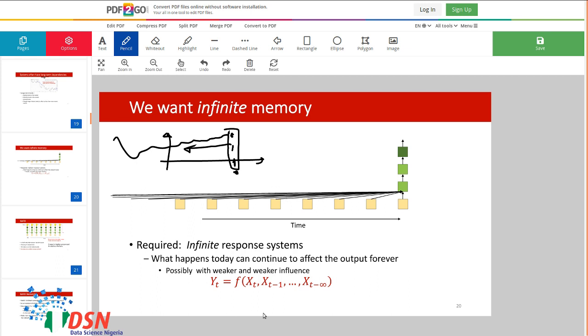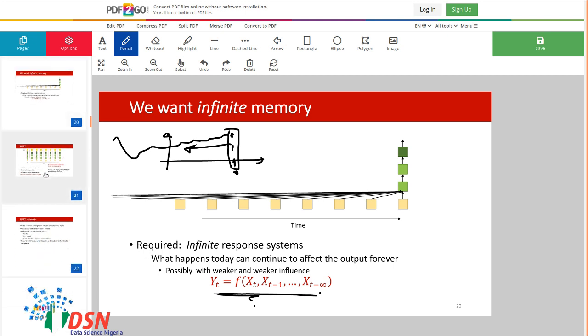In that case we have infinite response systems. So as you can see, we consider all of the time steps through infinity.